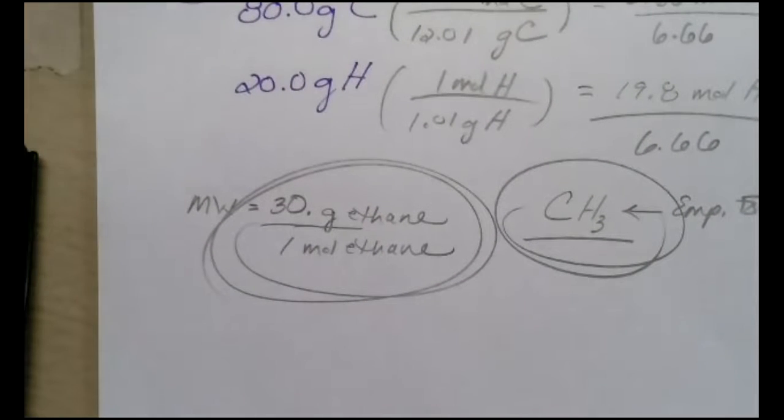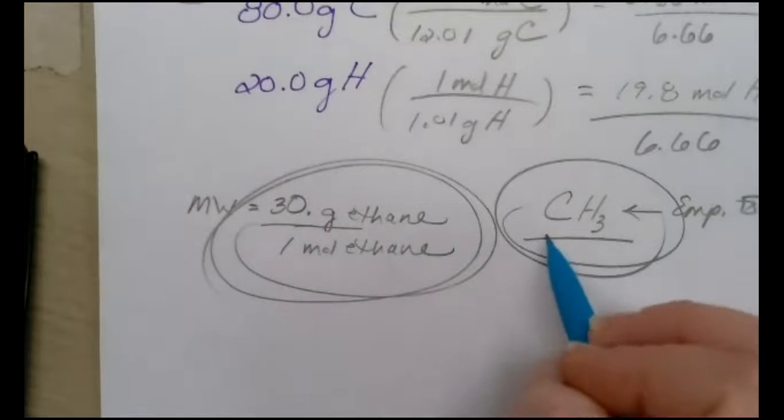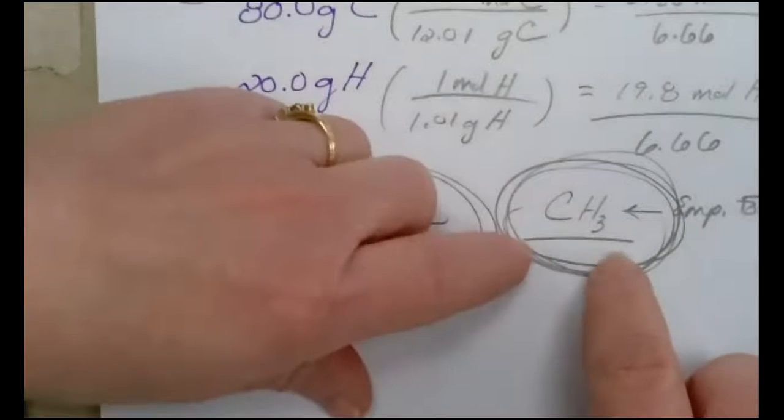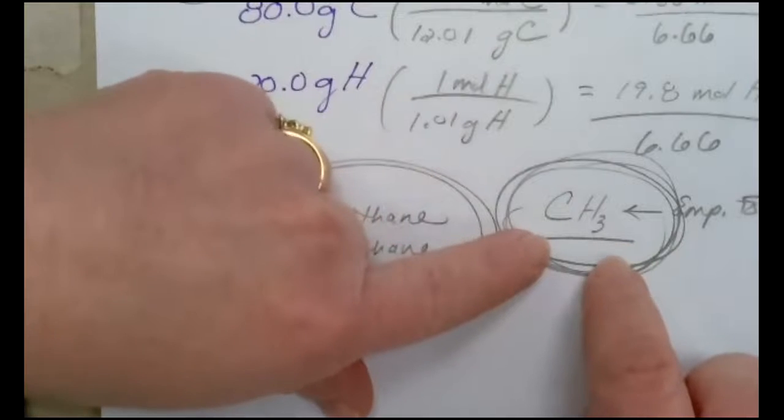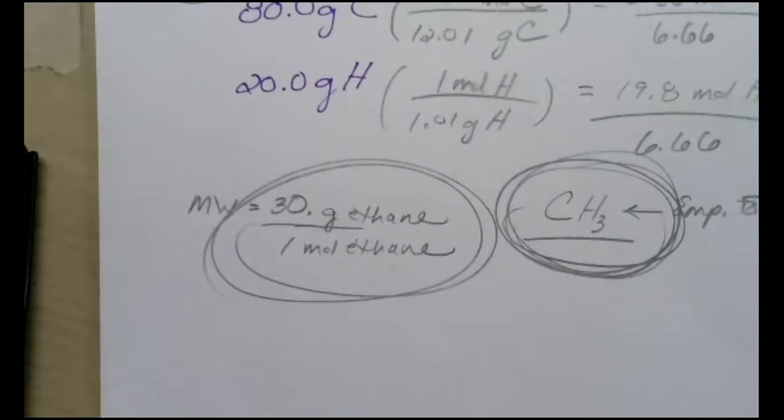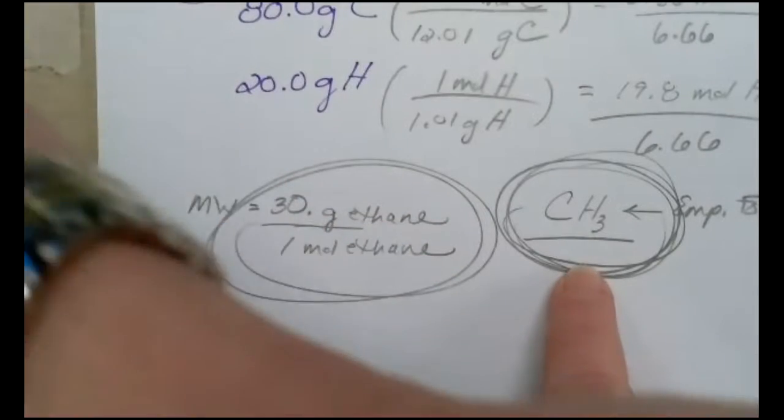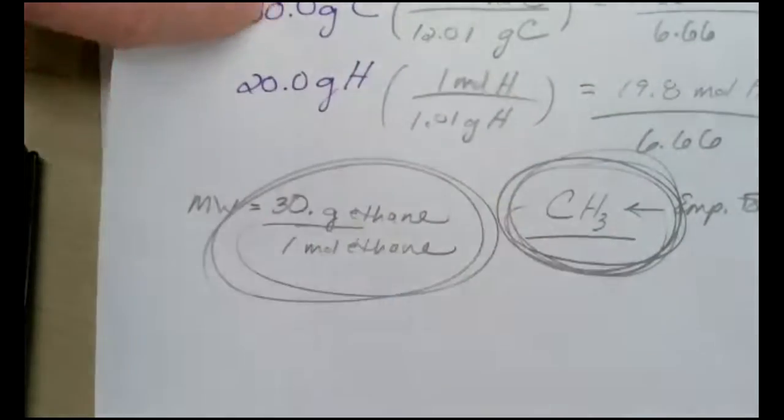So Elena got us to, okay, we need to figure out what we need to multiply the empirical formula by: 2, 3, 4, 5, 6, or something. Abby's saying, okay, we're given the percent.